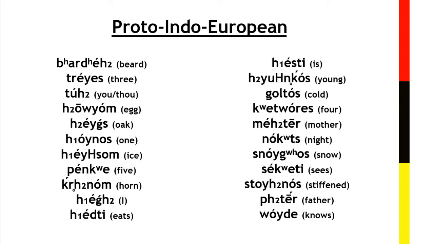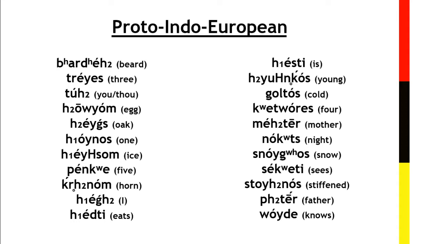So here's the initial list of words in Proto-Indo-European. As a note on the orthography, an acute over a vowel shows accent, and over velar stops marks the so-called palatal velars. An H with a subscript number indicates a laryngeal consonant, and a capital H without a number indicates a laryngeal of unknown value.